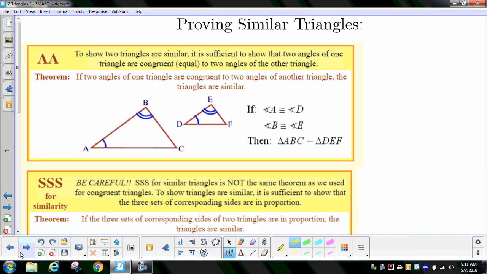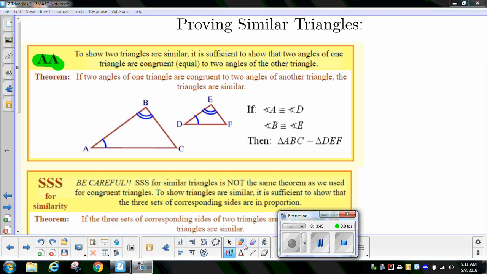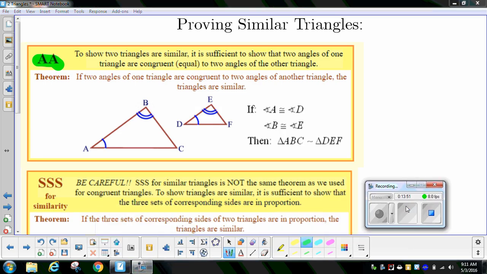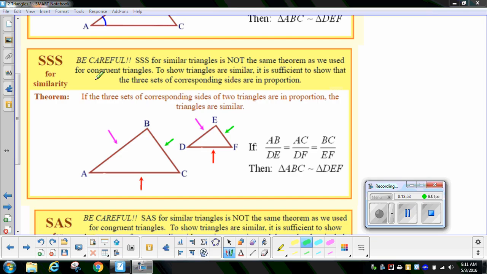So that's what exists if we know the triangles are similar. We also might want to show that they're similar. Again, the important pieces of information from this page are the name and then the pictures. So if I know that two pairs of congruent angles exist in two triangles, then I know that those two triangles are similar triangles by angle, angle. Here I have side, side, side.